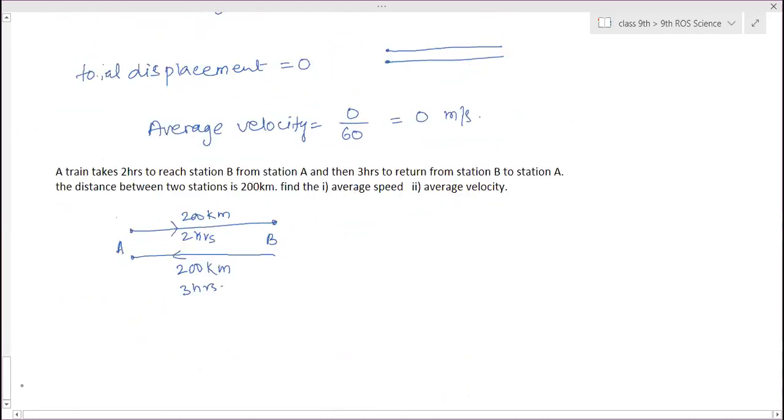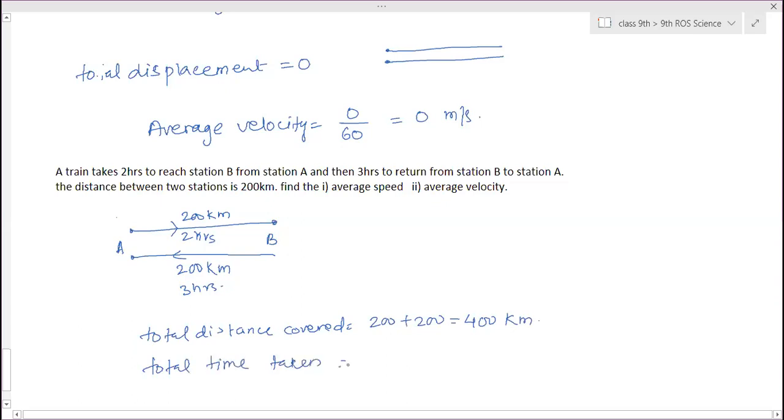So we have to calculate the average speed, moving forward and coming back both together. Total distance covered is 200 plus 200, which is 400 kilometers. Total time taken is 2 plus 3, that is 5 hours.